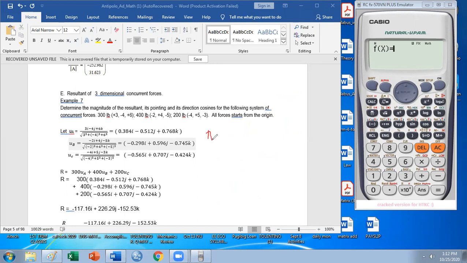Halimbawa, I have force A, let's say 2i plus 3j, then let's say plus 4k. And let's say another force B is 7i minus 8j plus 2k.